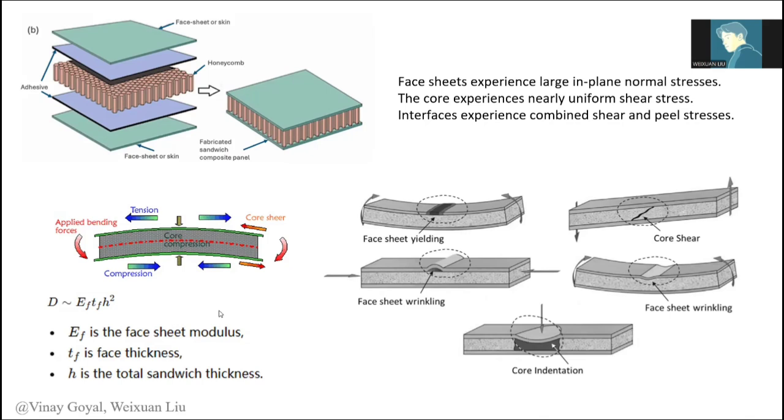There's also the adhesive layer. The adhesive interface mainly experiences combined shear and peel stress. Therefore, it will undergo mode 2 and mode 1 opening as a cohesive failure or crack opening.